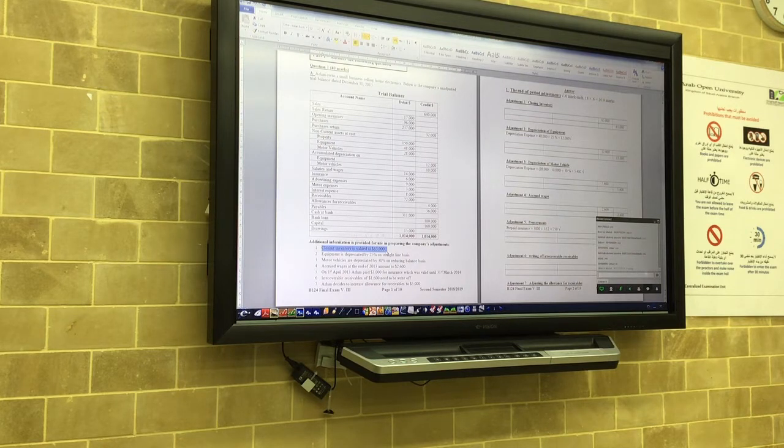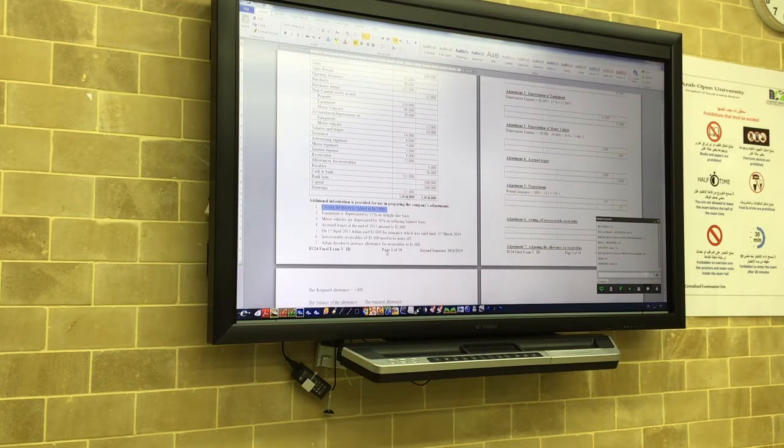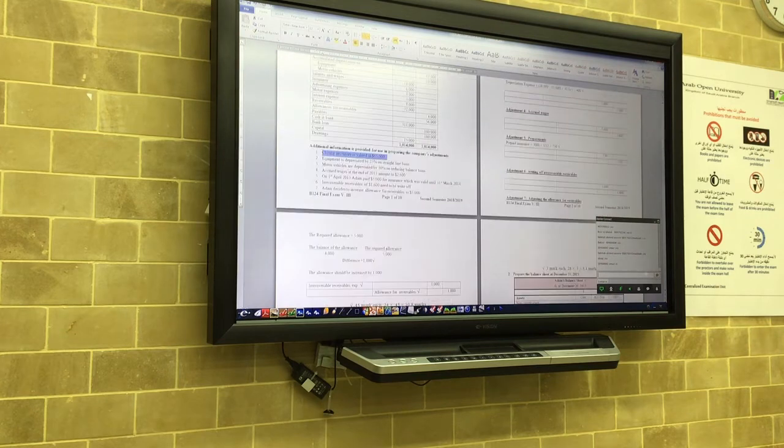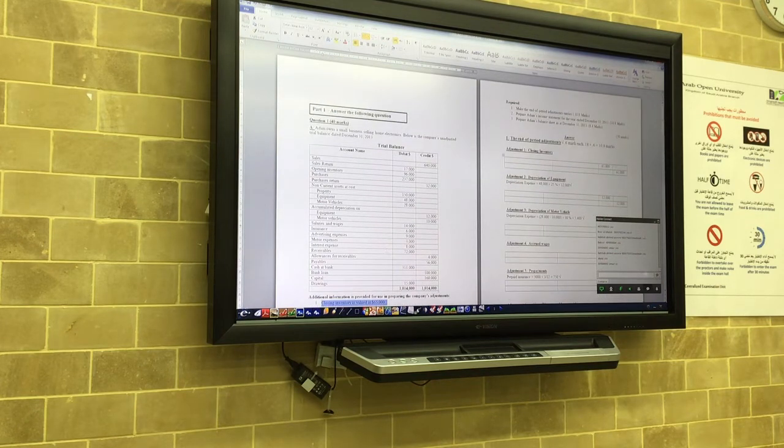So for the first adjustment entry, you will write inventory as debit in the balance sheet and inventory as credit in the income statement.